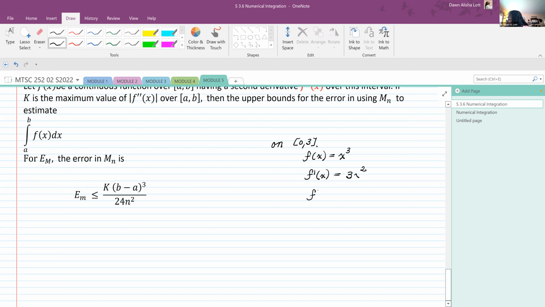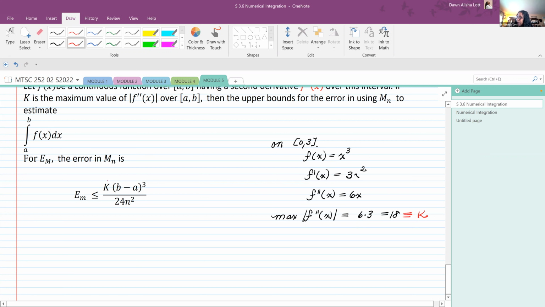And f double prime of x is 6x. All right, so the maximum of the absolute value of f double prime of x on this interval, well, that's going to occur when x is 3. So the biggest it can be is 18. And that 18 is what we are going to call k. So that is this k right here, which is the biggest the second derivative can be.